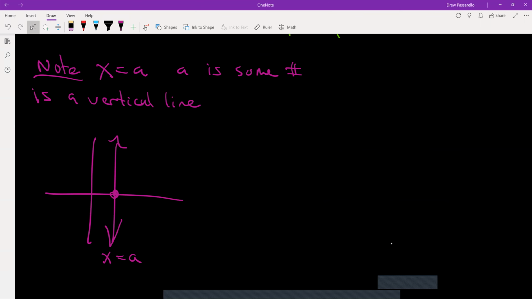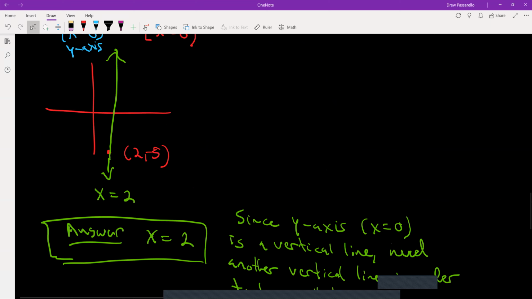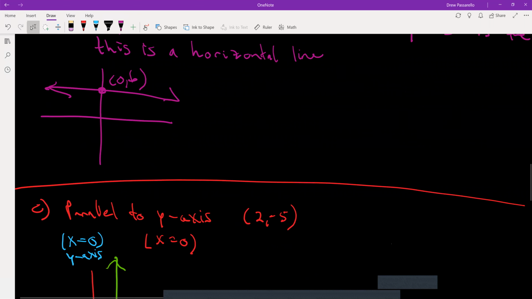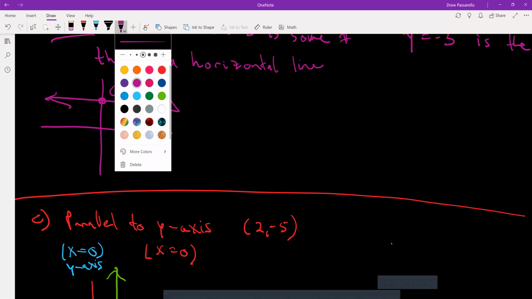It goes through the x-axis at (a, 0). All right, so that's that one. Similar to the previous one, except you're dealing with a vertical line versus a horizontal line.